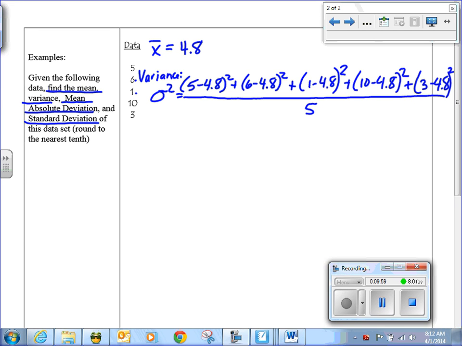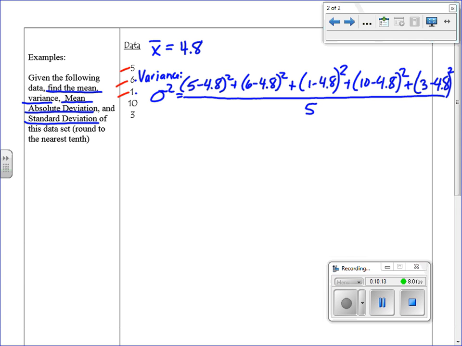So I entered in all the data for my variance. Using the equation, we take every single value. Here are the values of my data set: 5, 6, 1, 10, and 3. I added those together, divided by 5, and got 4.8 as my mean.